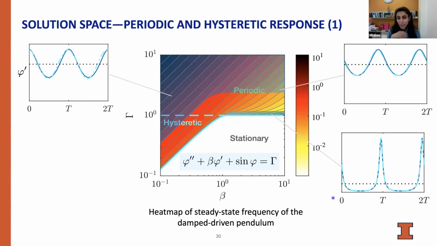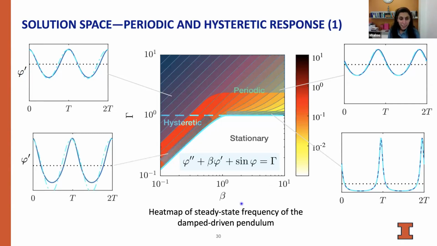This is why I think Slavin's group was calling it a hardware emulator of a neuron or something. I'm not from neuromorphic, but I think that's the general idea here. And then we also have the hysteretic region where we can get periodic or stationary solutions depending on the initial condition. This is what we can exploit for working with these oscillators.